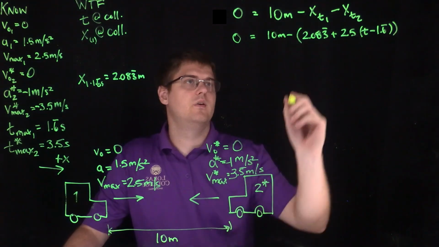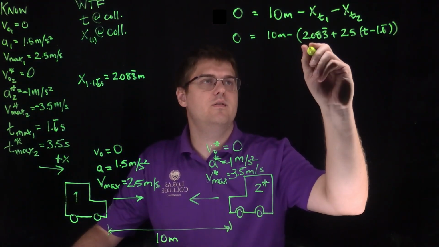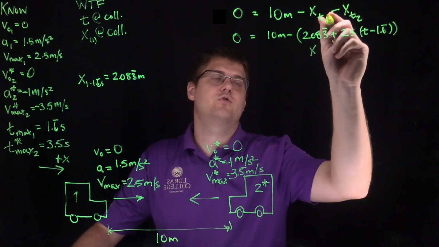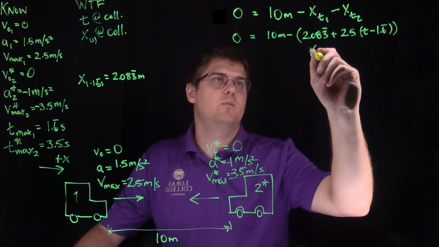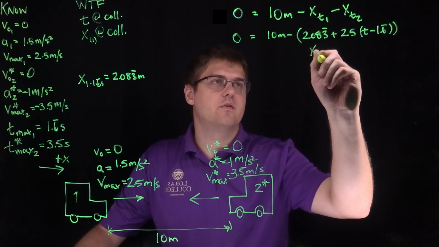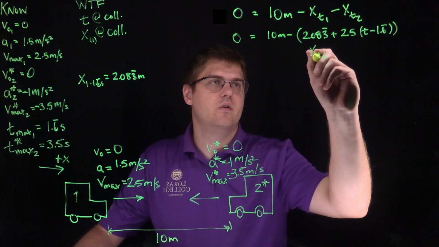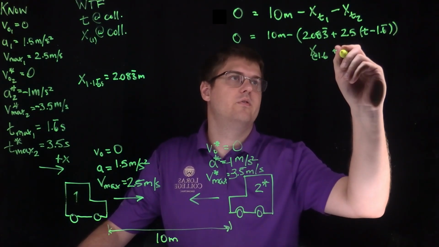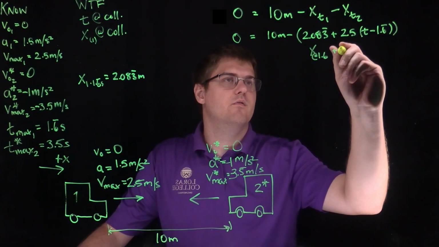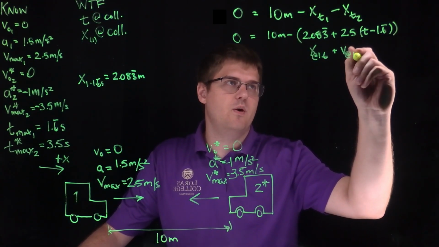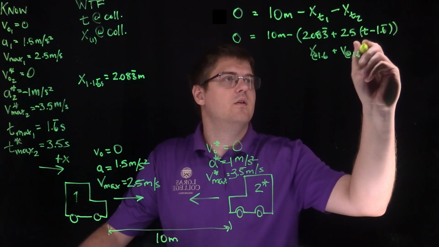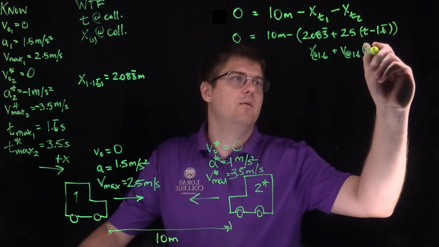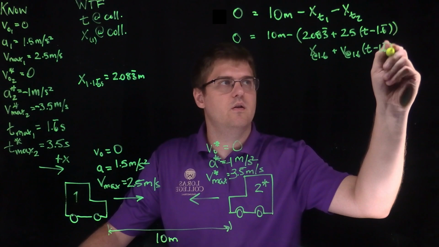So all this is x at t1, x of tractor 1 at the time of collision, or at any time, is going to be x of tractor 1 at 1.6, plus my velocity at 1.6 times time minus 1.6 repeated.